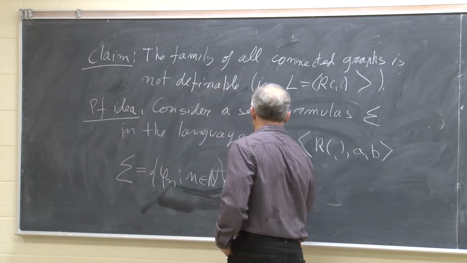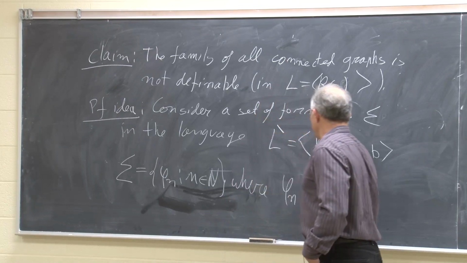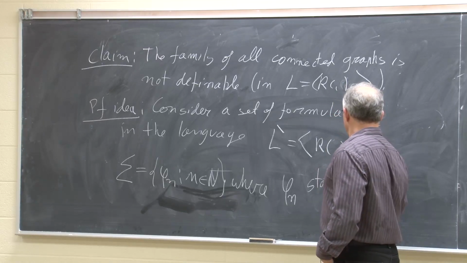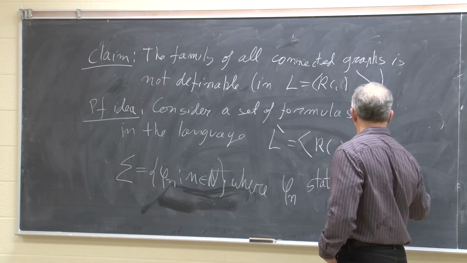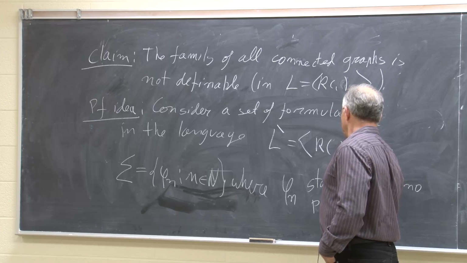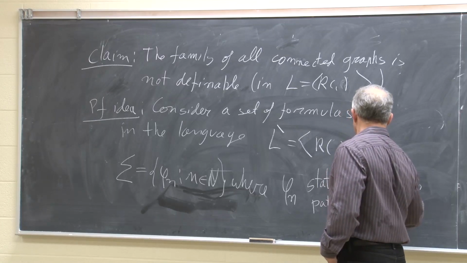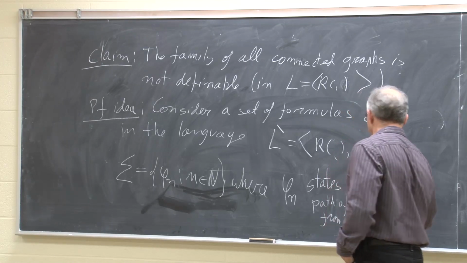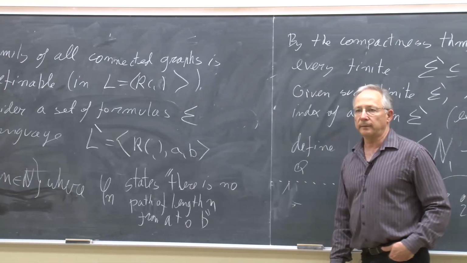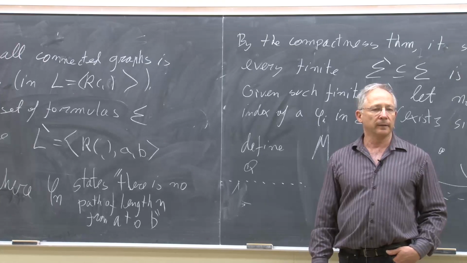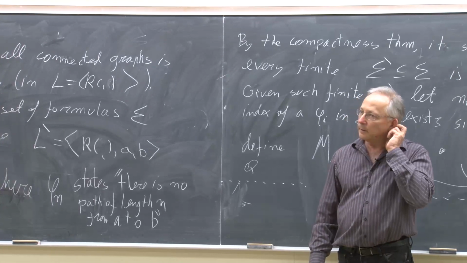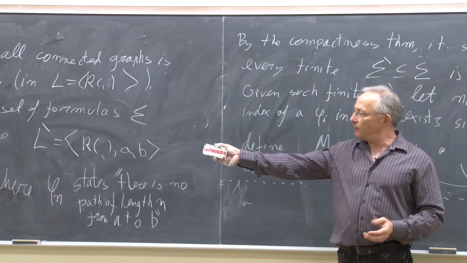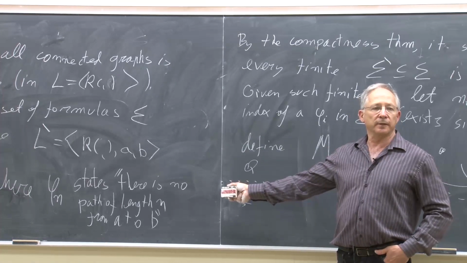where phi n states that there is no path of length n from A to B. Okay, so this sigma says, if I have a structure that satisfies sigma, then this structure is not connected.